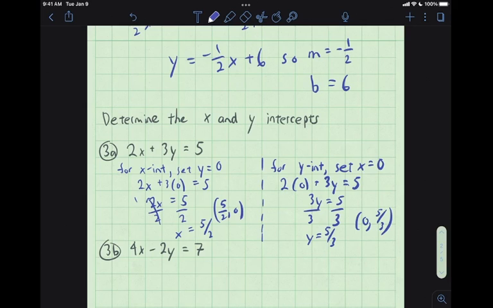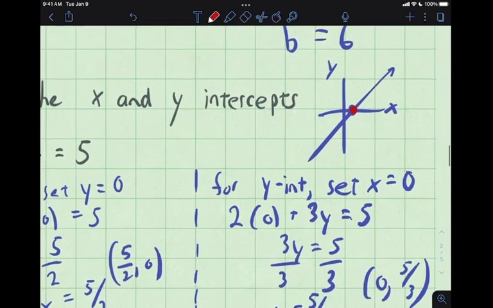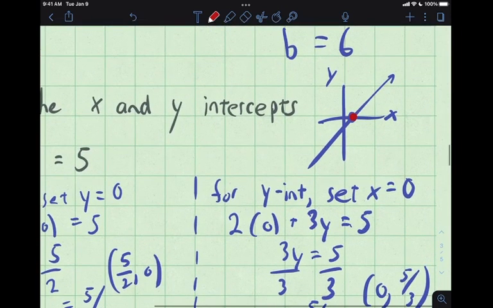If you ever forget which value to set to 0, draw yourself a little picture, okay? Draw a line somewhere. You think about, okay, what's this point? Is that an x or a y-intercept? Change the color, in red. So that point right there has some x value, but notice y is 0.